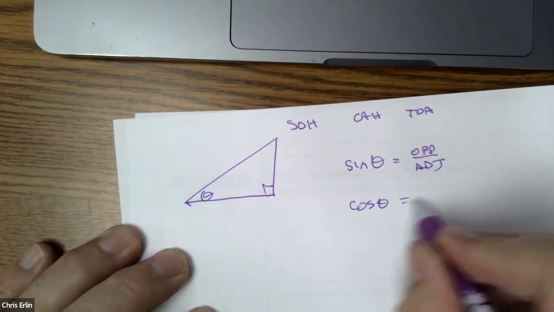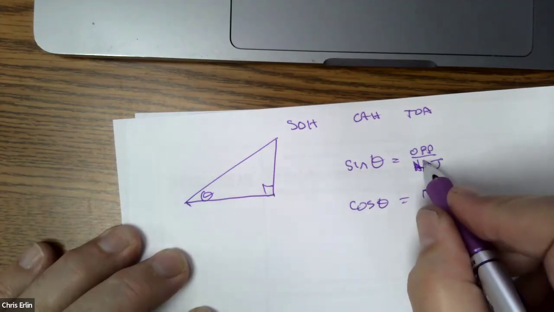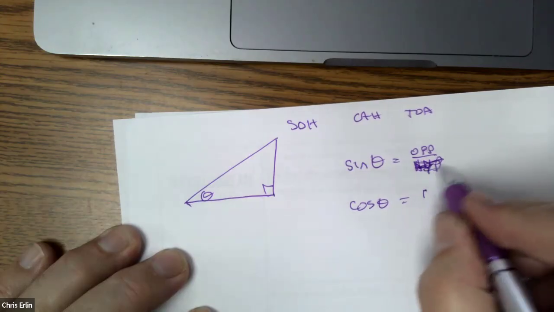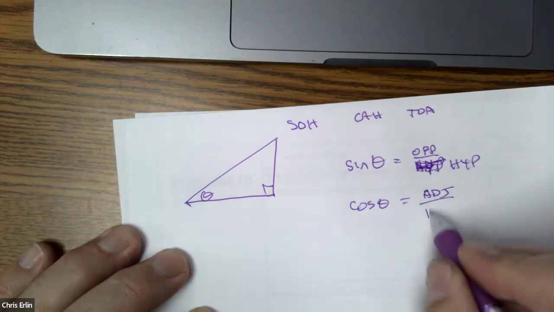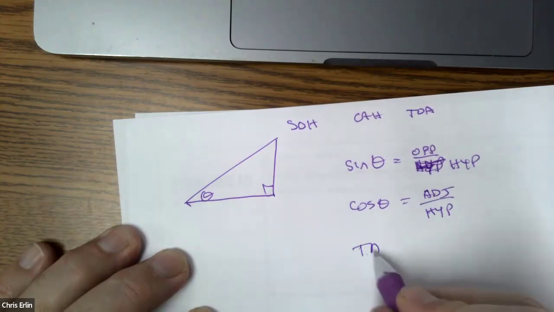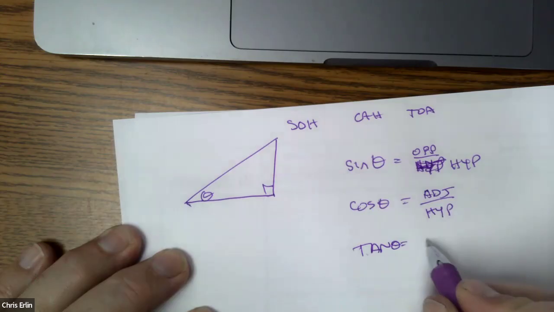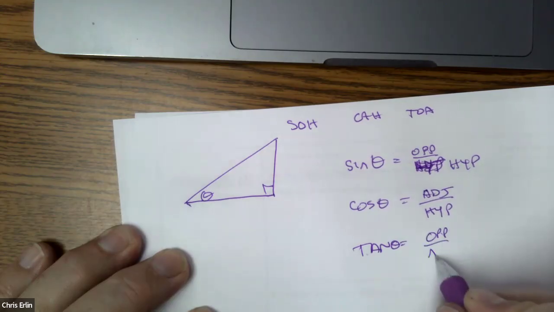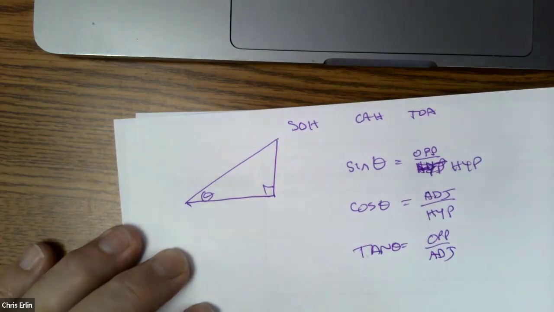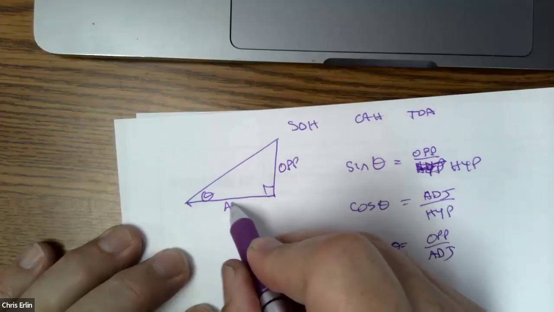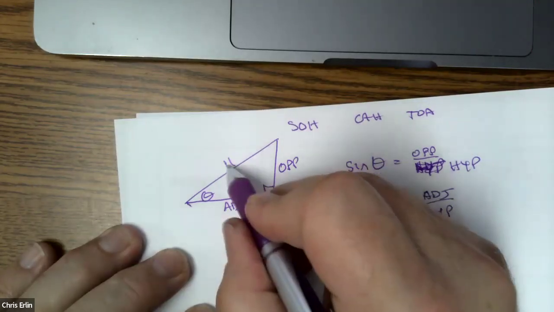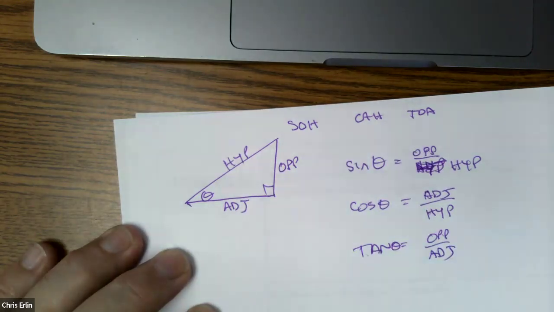The cosine of an angle is equal to the adjacent over the hypotenuse, and the tangent of an angle is equal to the opposite over the adjacent. I'm going to label this opposite, adjacent, and hypotenuse.